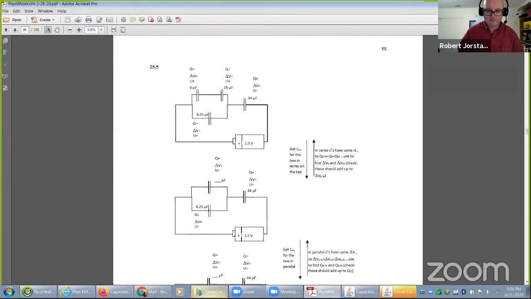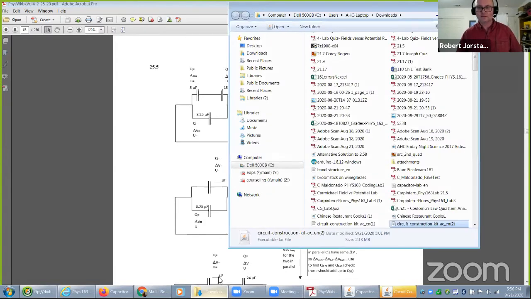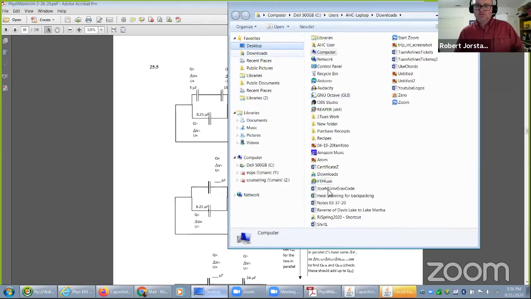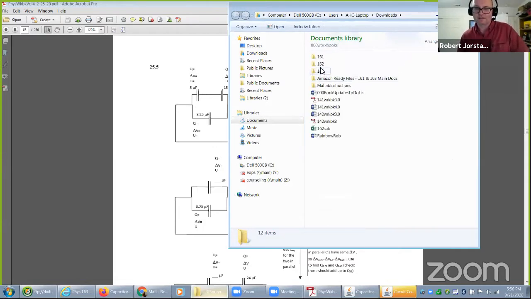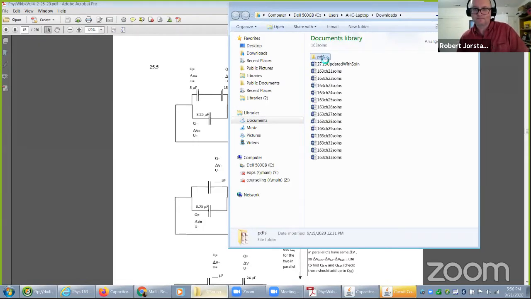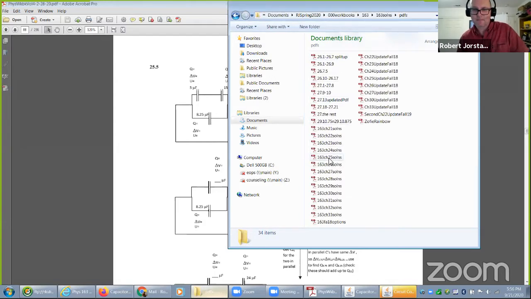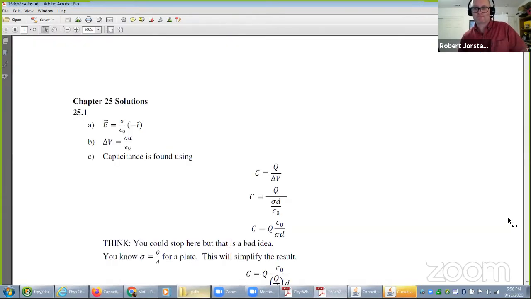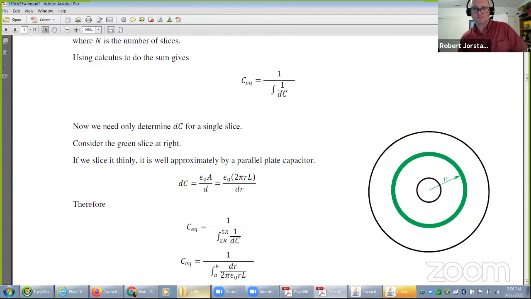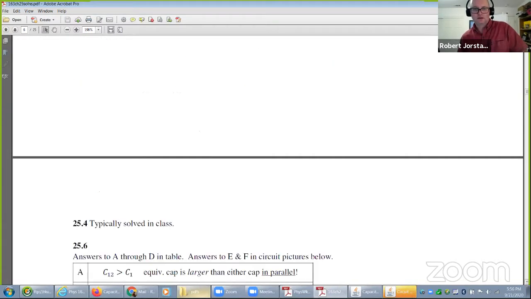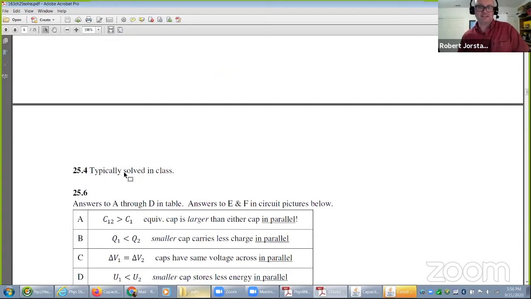So I want to see if I happen to have drawn it up in the solutions, because I'm worried I'm going to run out of space. Typically solved in class.